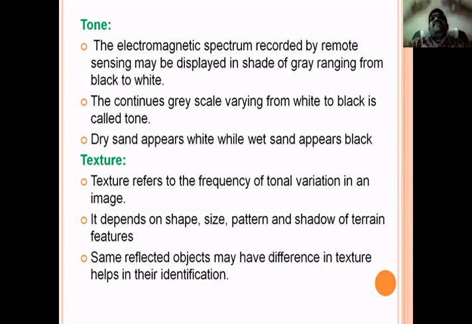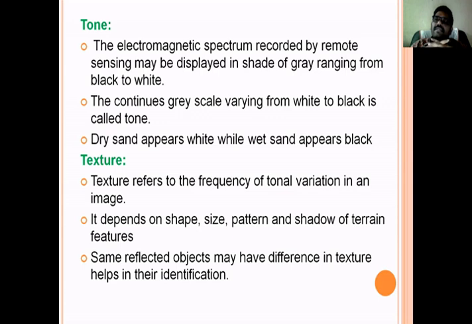That means in the spatial data, if it holds black in nature, or resembles black, when he is visualizing the data of sandy soils or sand related objects, he can conclude that the sand is wet. If sand is dry, it gives a white or light appearance. Okay, this is about tone.